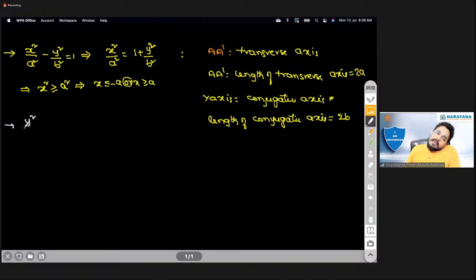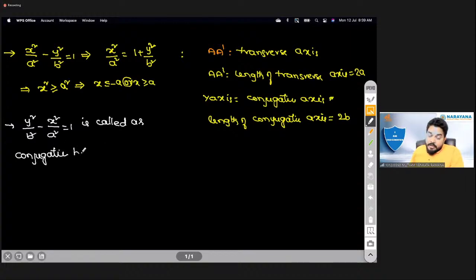y square by b square minus x square by a square is equal to 1 is called the conjugate hyperbola of x square by a square minus y square by b square is equal to 1.